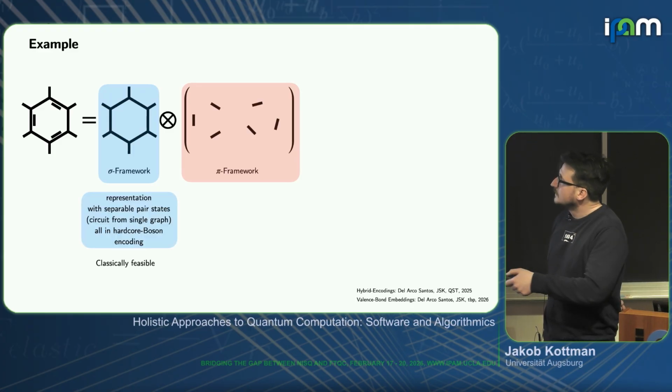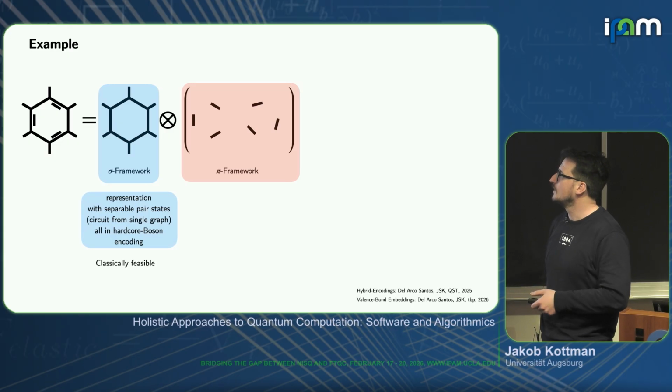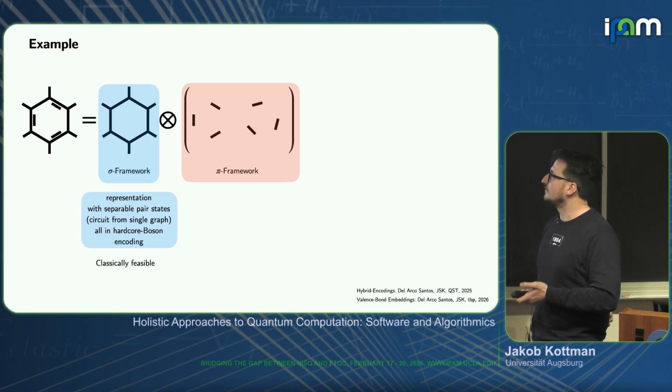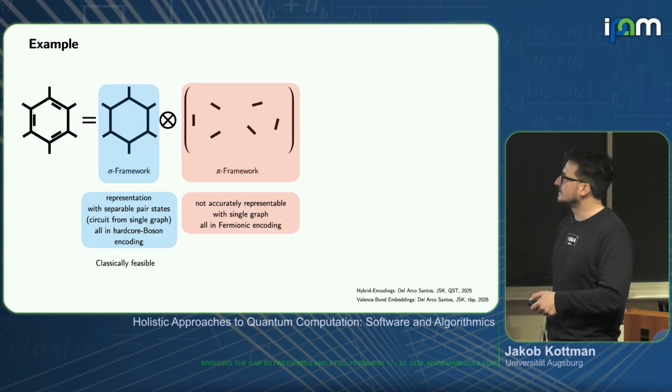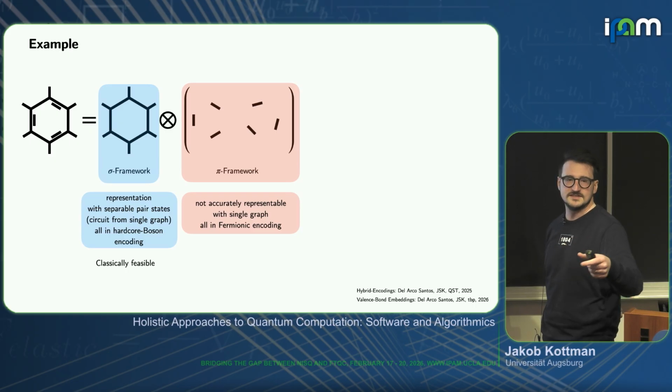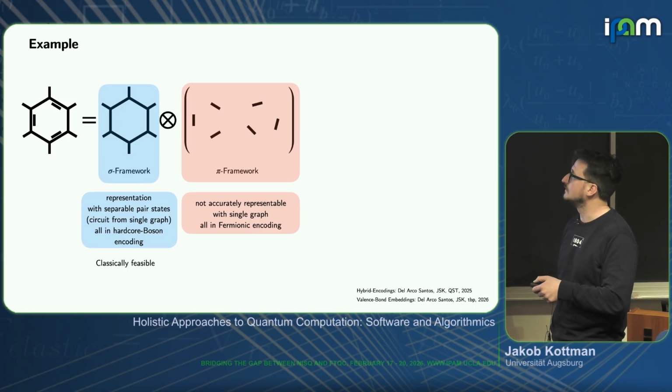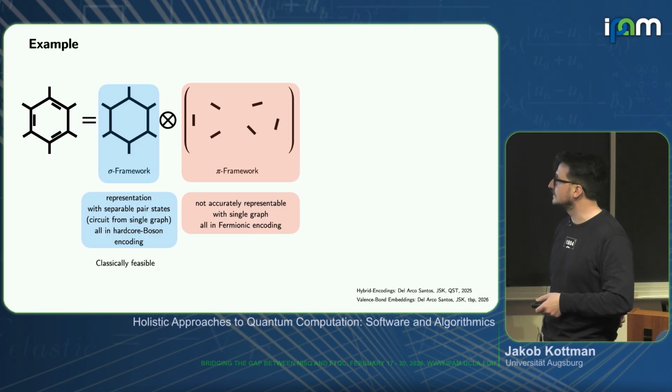But at least intuitively, the sigma framework should be representable with these separable states. So everything classically, everything in this quasi-particle model, everything decomposable, while this thing isn't. You can't do it in the quasi-particle model. You need fermionic encoding because there are two different orbital bases in which you need to rotate. One then looks locally like this, one locally like this.